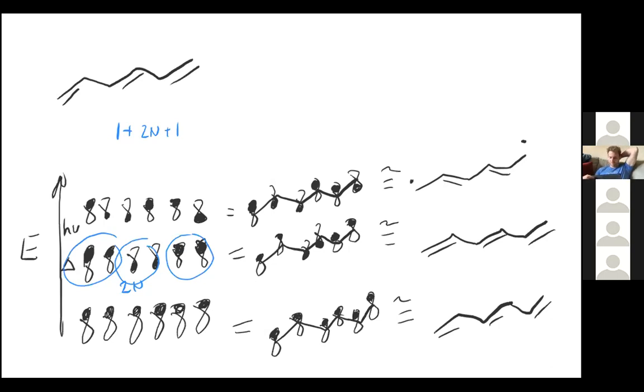All right, let's take a look at a big one just for fun. We'll do a 10-membered system, or a 5 double bond system. I'll give you guys a second to finish writing this. I'm going to skip most of the levels and just do the heat one.